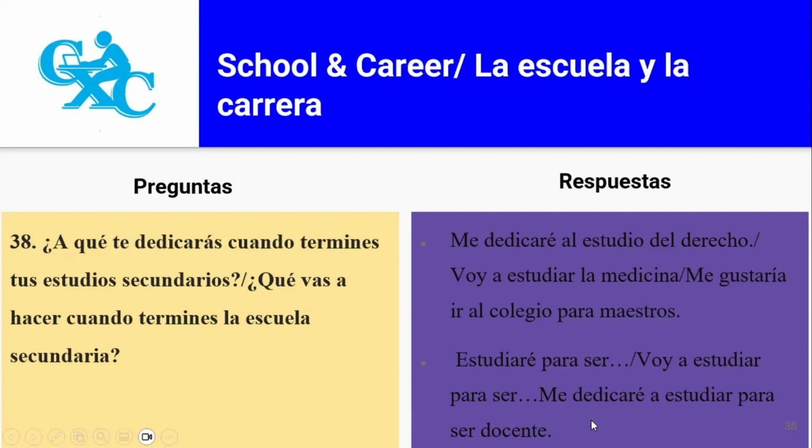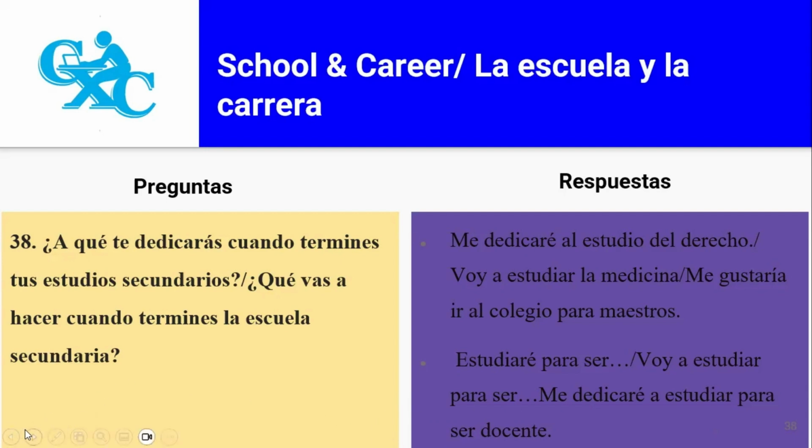So look at the different ways. Literally it says I'll dedicate myself to study, but when translated, I will study to be a teacher. Excelente. So look at the different ways. You can say estudiaré para ser, o voy a estudiar para ser, or me dedicaré a, and then you complete your sentence.